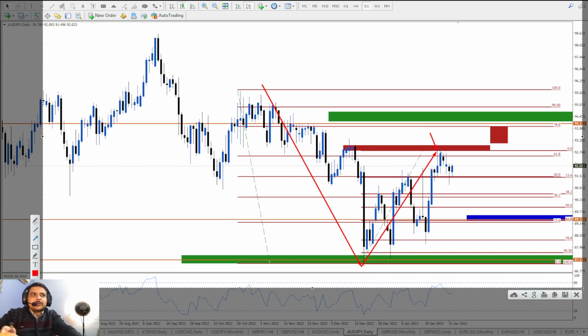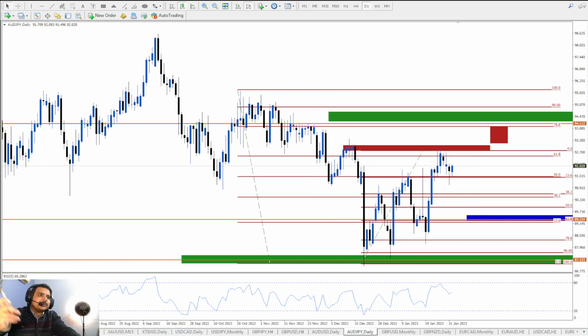When a 61.8 rejects the price, the next destination will be another 61.8% retracement of this leg. So 161 from here and 1 from here. It adds more value to the structure.